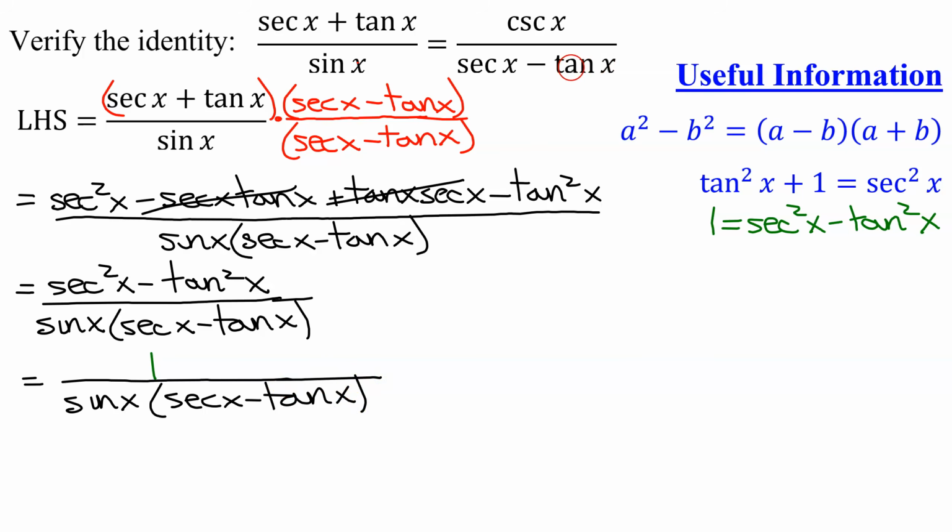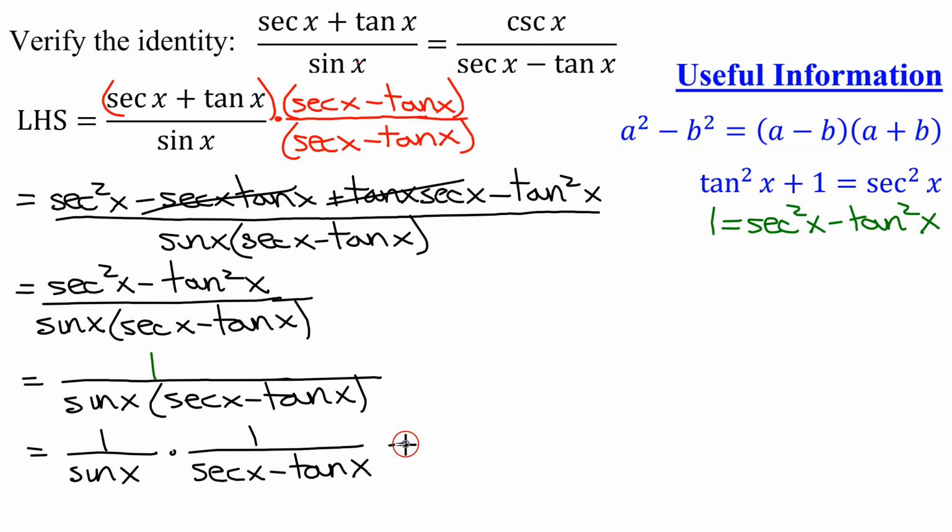Looking at where we want to go, we're almost done. So I can write this as 1 over sine x times 1 over secant x minus tangent x. And what's 1 over sine x? That's cosecant x, and I'm going to write it as a fraction by dividing it by 1, multiplied by 1 over secant x minus tangent x.